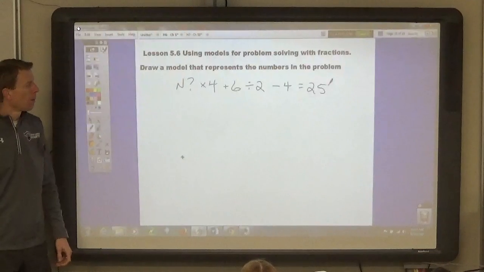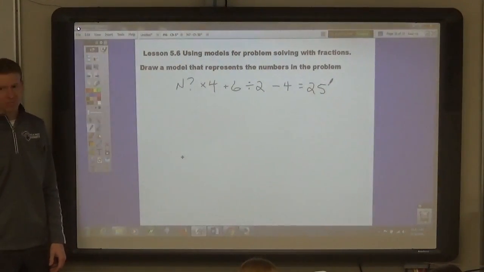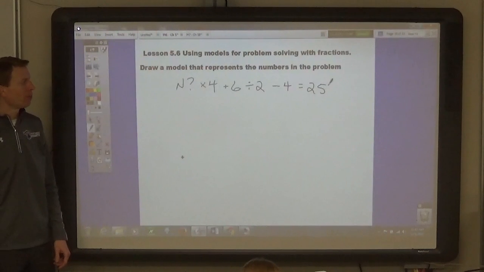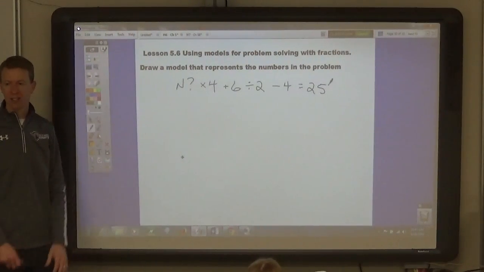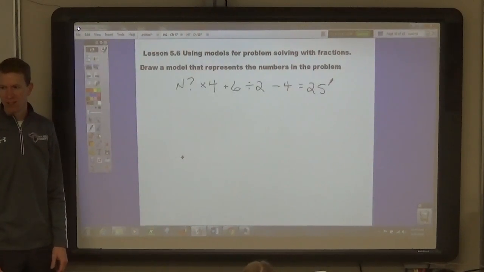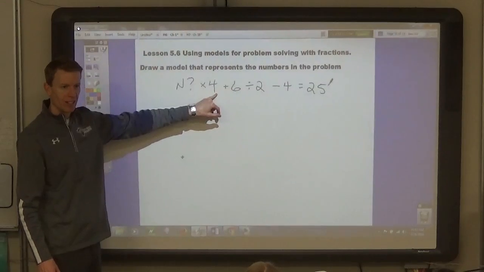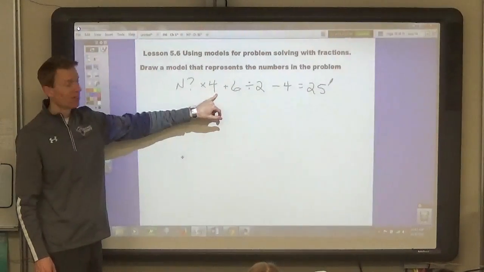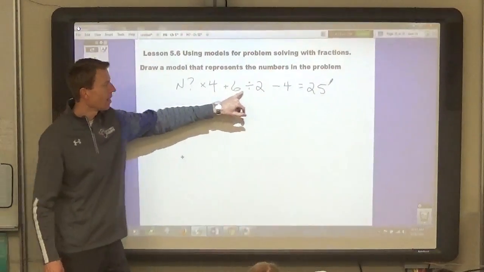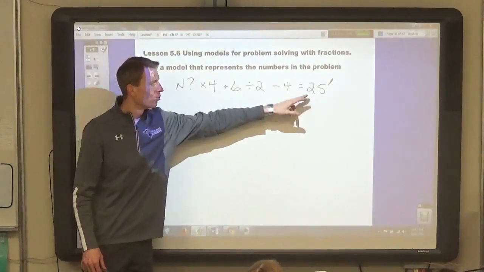Now, you could just start with 1 and times it by 4, and then go through the pattern. Guess and check, right? That's going to take a long time, isn't it? 4 plus 6 is 10, divided by 2 is 5, minus 4 is 1.